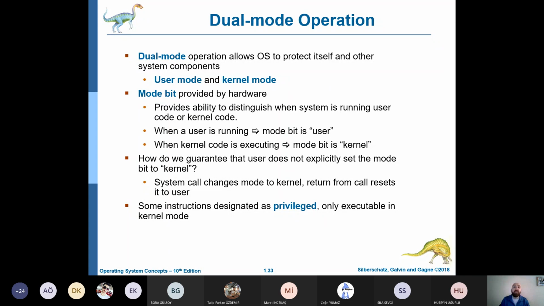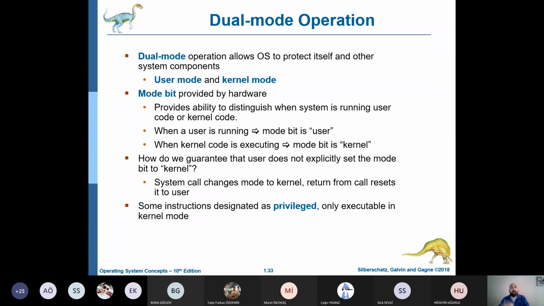When the computer system is executing on behalf of a user application, the system is in user mode. However, when a user application requests a service from the operating system via a system call, the system must transition from user to kernel mode to respond to the request. So, our programs are running in user mode, but when we need an I/O intervention, for example, or a specific request from the operating system, we have to create a system call.